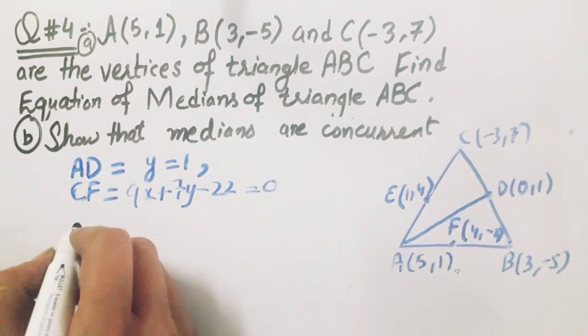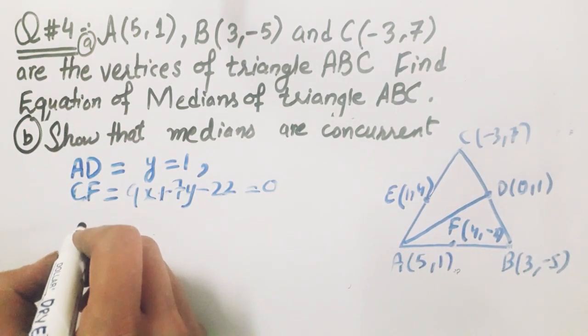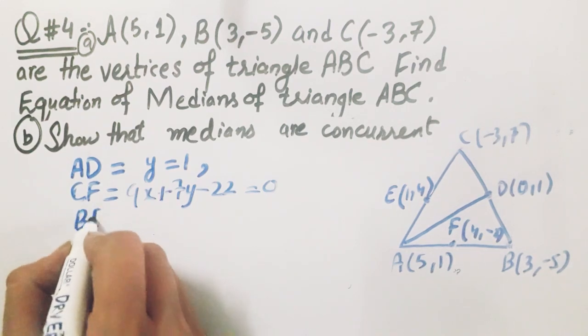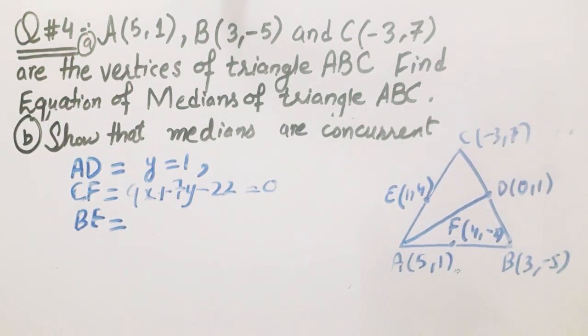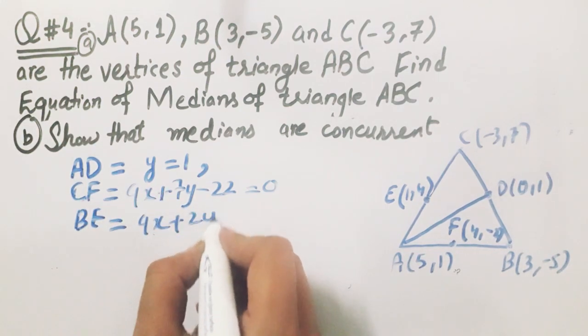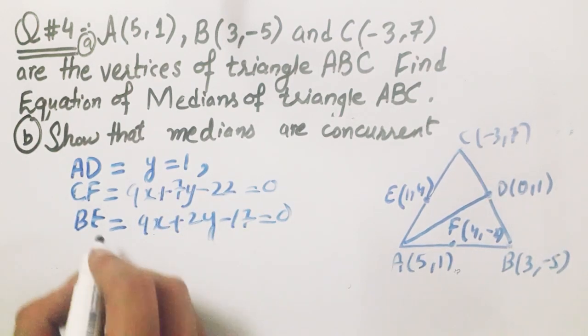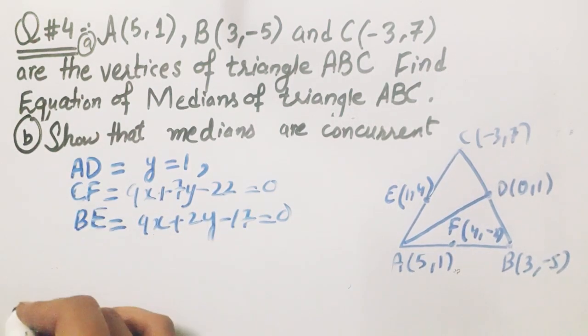And the third equation, for BE, that we already found in the A part, was 9x plus 2y minus 17 is equal to 0. These three equations we found in the A part.